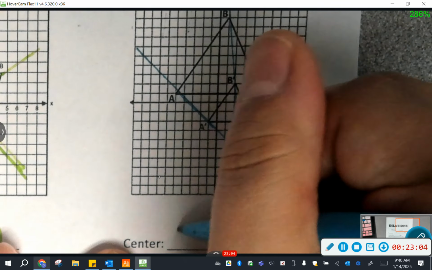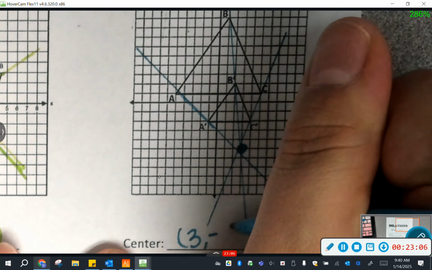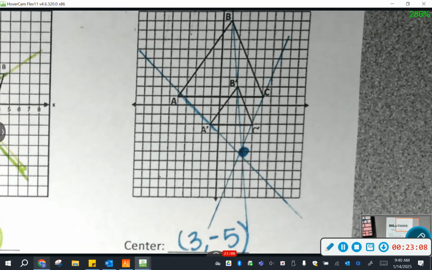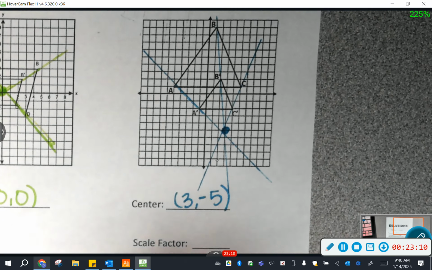It should be about 3, -5, or -6. Does that make sense? You are connecting the points, and where they cross is the center of dilation.